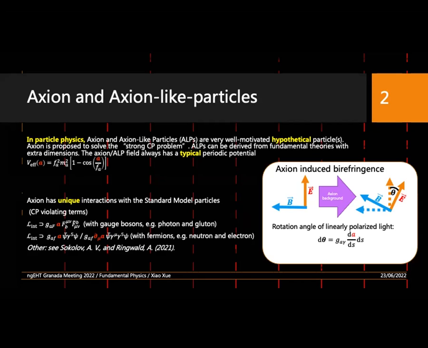This means that in the presence of the axion field, as polarized light travels through the axion field, it can experience a change of the position angle, which is defined as the change of the direction of the electric field. This change is proportional to the coupling constant Ga gamma, and it is also proportional to the strength of the axion field.